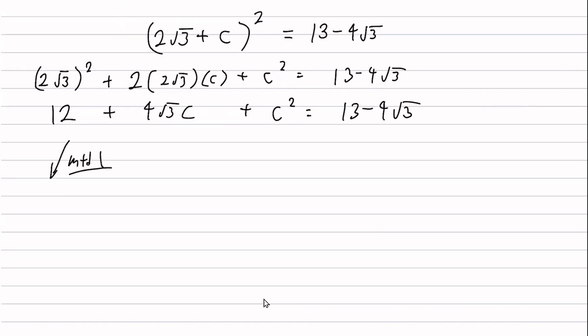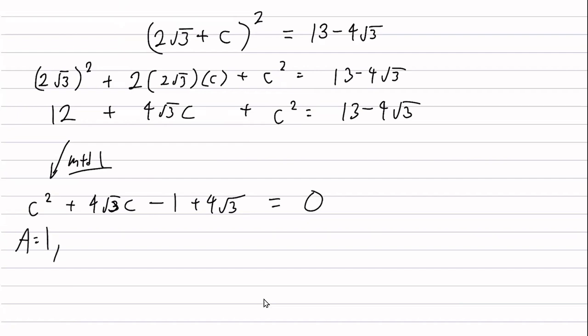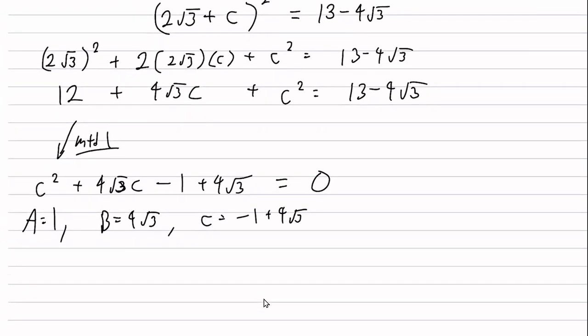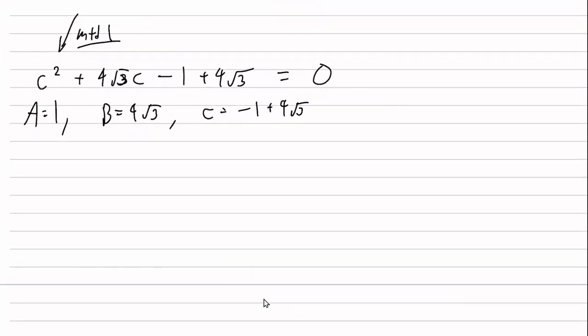Let's just see first. c square on the left plus 4 root 3c in the middle, plus 12, bring everything over, so minus 13 plus 4 root 3. We simplify straight away, 12 minus 13, minus 1. Then A is 1, B is 4 root 3, C is minus 1 plus 4 root 3. Not sure if it works. Maybe it could work.